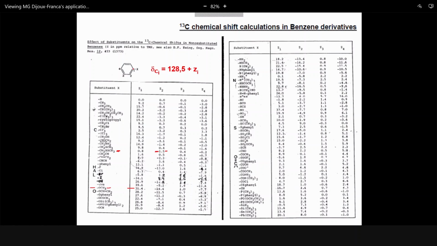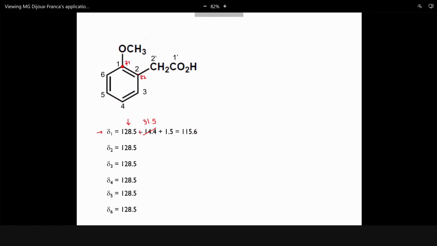So approximately we can add 1.5 ppm here.